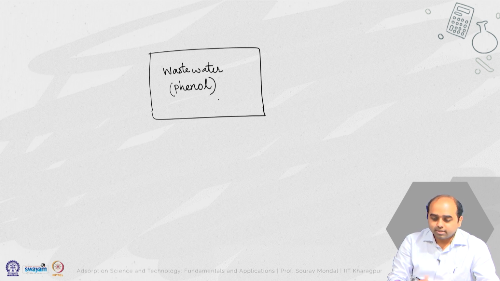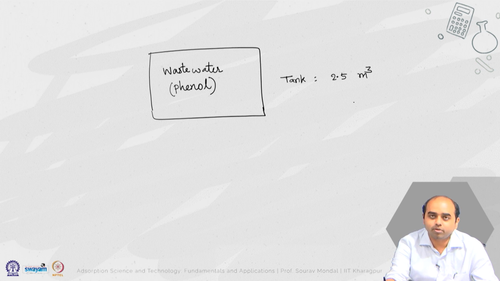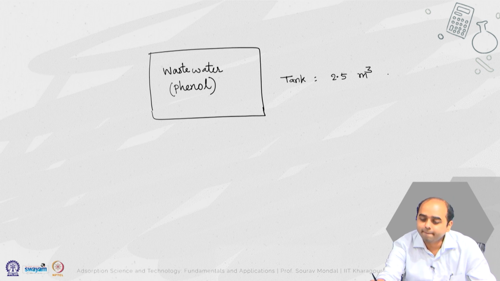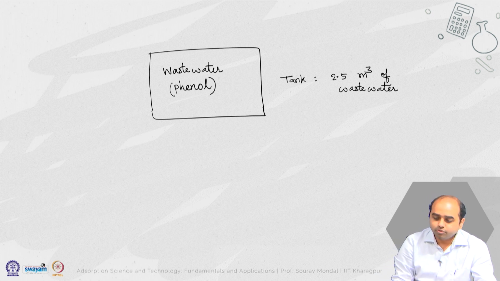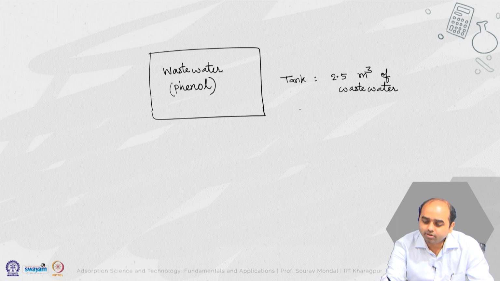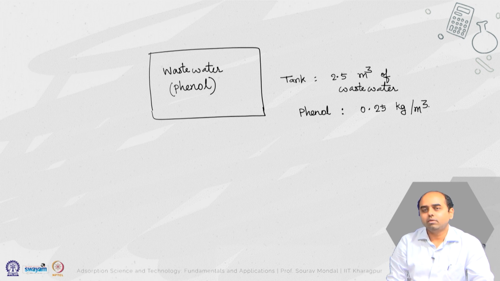So let us say the tank contains 2.5 meter cube of wastewater solution, which needs to be treated to remove phenol, and the phenol present has a concentration of 0.25 kg per meter cube. This is a particularly high concentration.